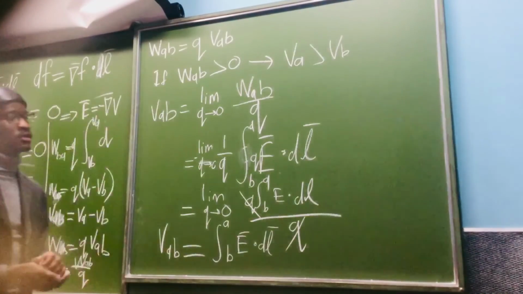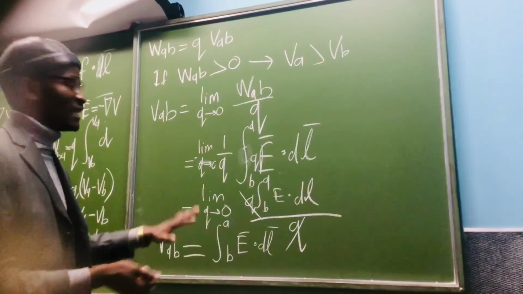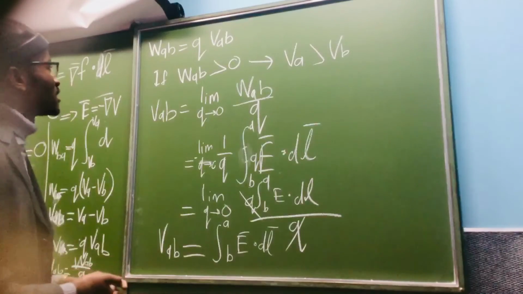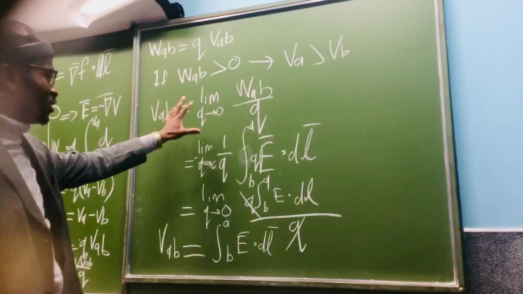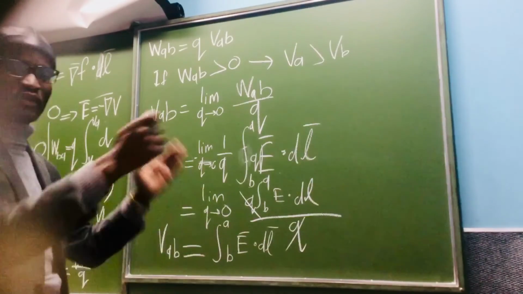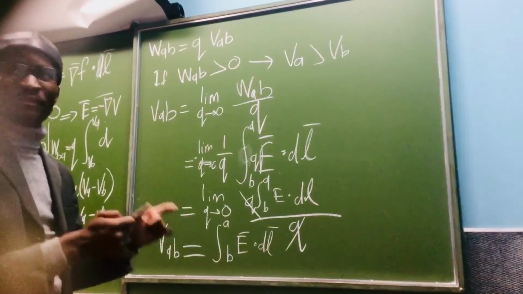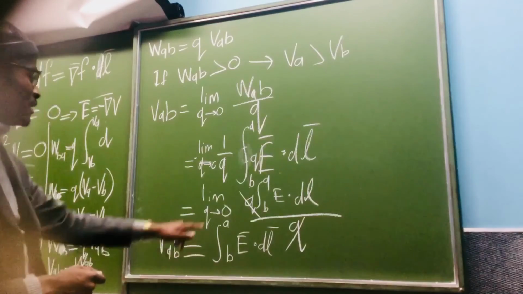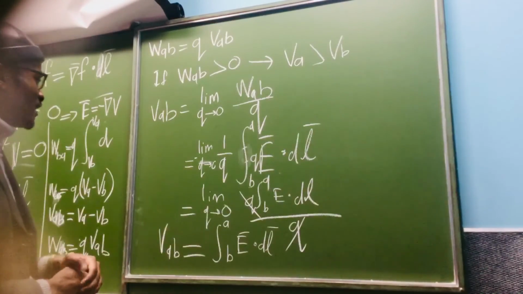So let me re-explain exactly what happened. It seems like a little bit of a fishy case. We're saying that we want to look at the potential difference between the points A and B. But between the points A and B, one charge is becoming very small. That Q is becoming a very small number.